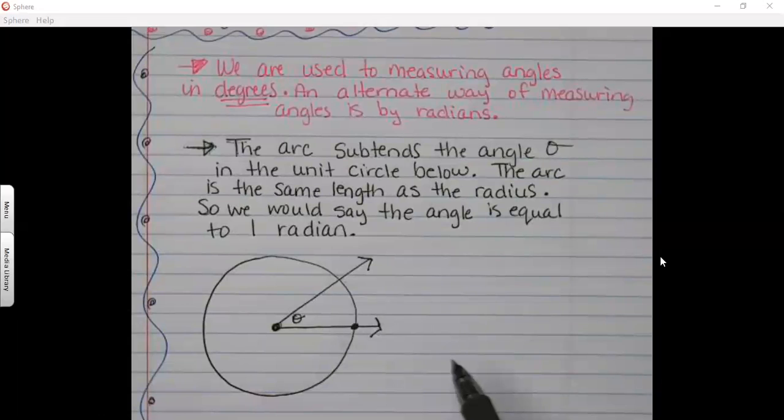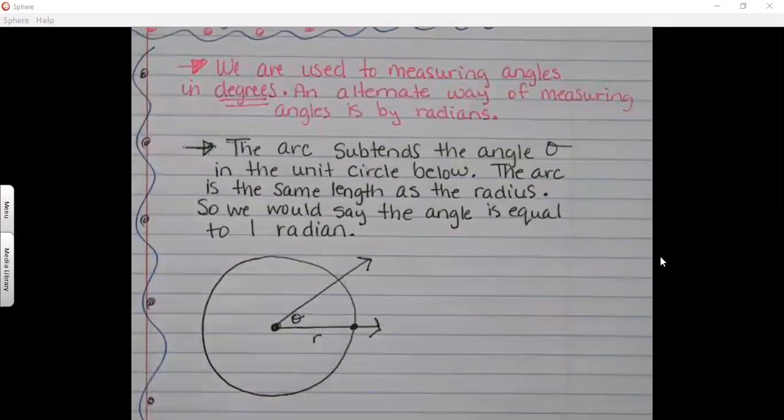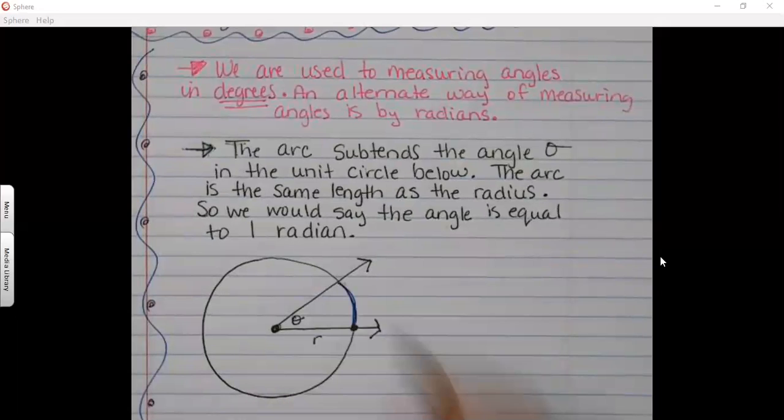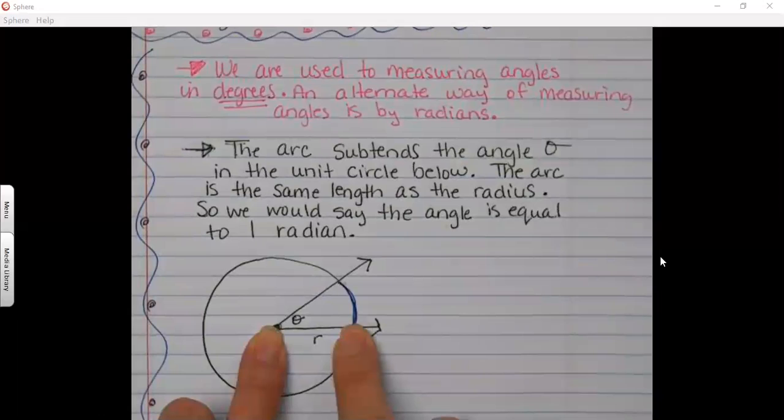And what's the length of the radius in a unit circle? 1. So we're saying that the angle that we drew, say, pretend we took a piece of string that's 1 unit. Okay.